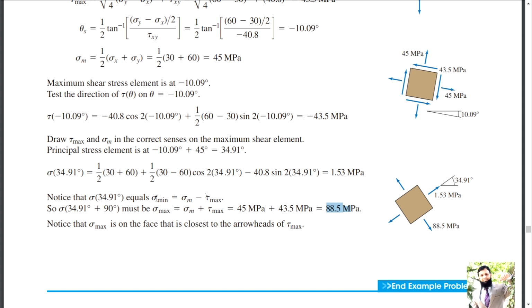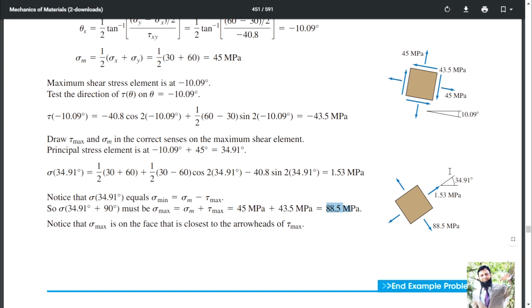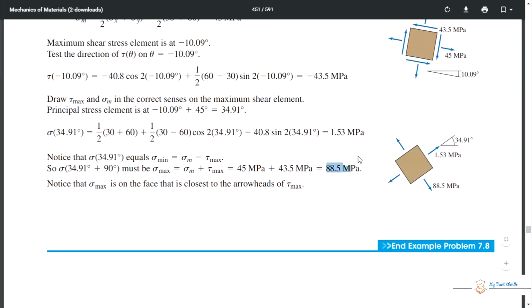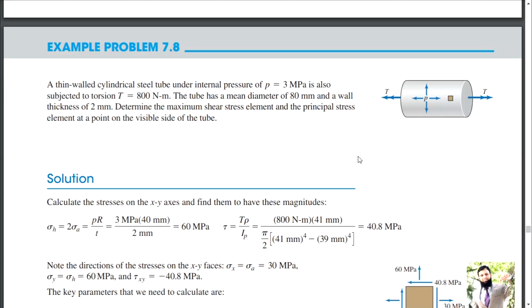So at this orientation you have the minimum principal stress, and there you get the maximum principal stress. This is your original orientation, and this is your orientation for the shear case, very interesting and very fascinating. Okay, this is an end to your stress transformation.